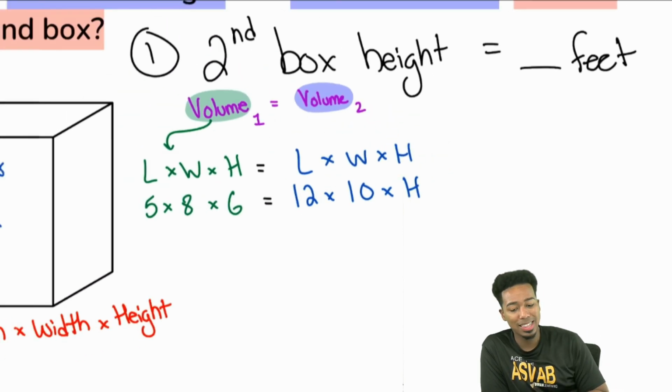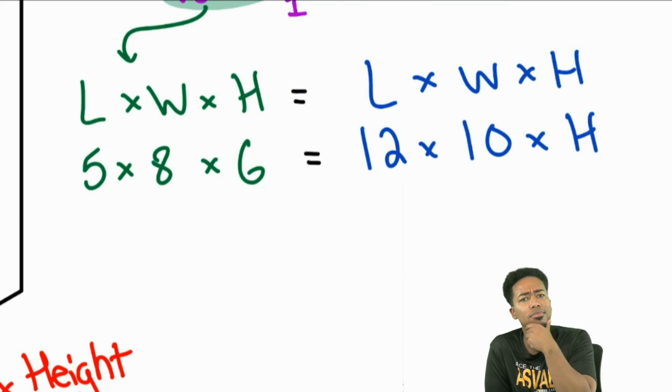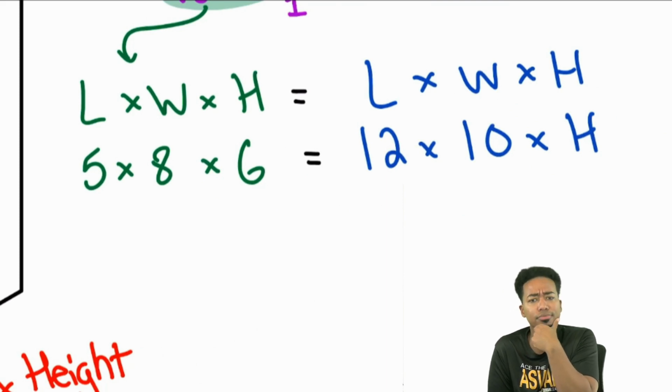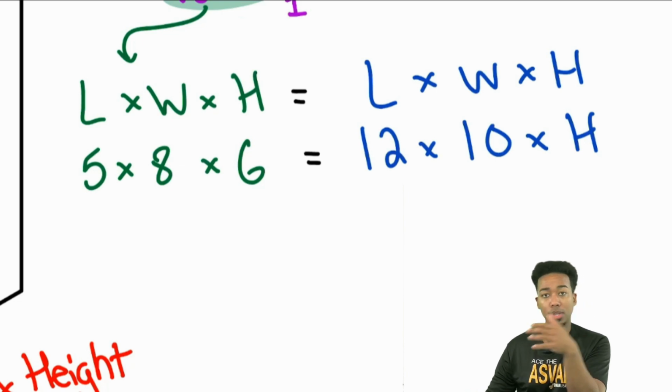And once we set this up, everyone, does this look very doable to you? Yeah, I would hope so, right? I would hope that this gives us an opportunity to get this down. So there are really 2 main ways. Once you get to this point, the purpose of problems like this is, 1, if you know your formula, your setup's going to be confident and you're going to feel pretty good about this.